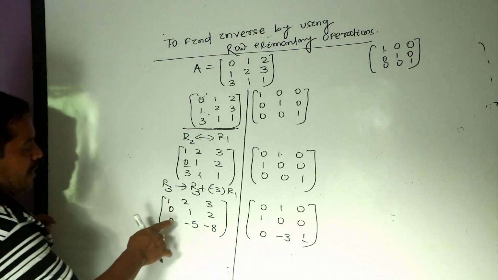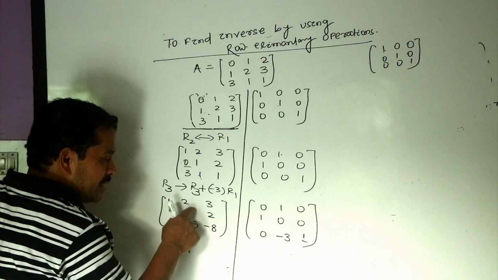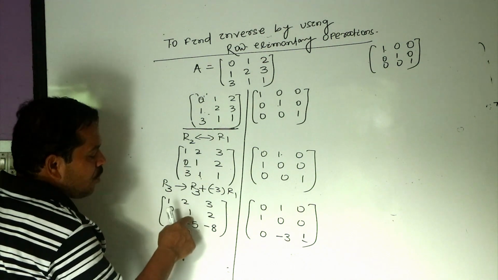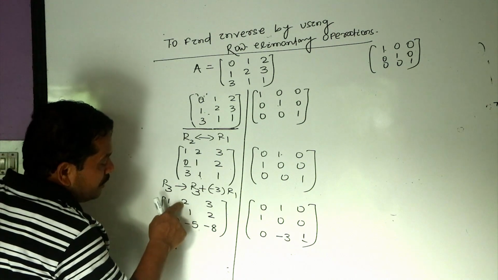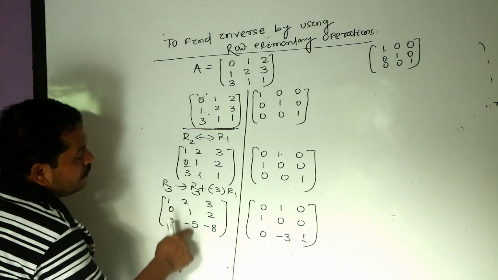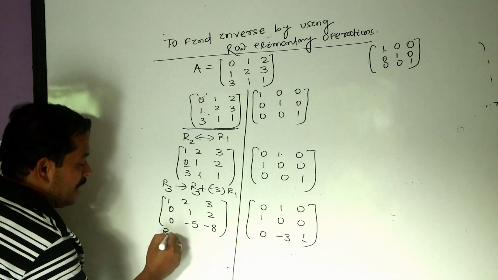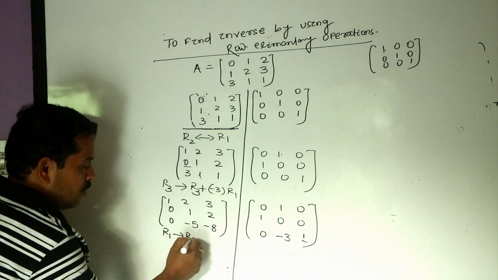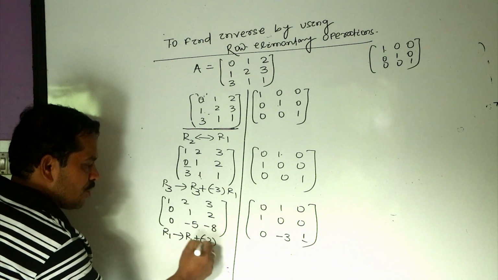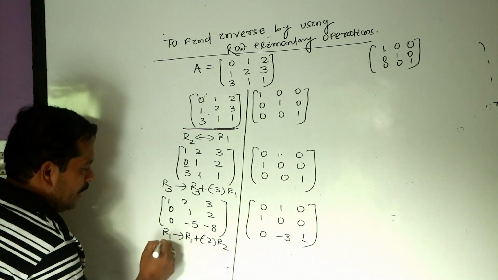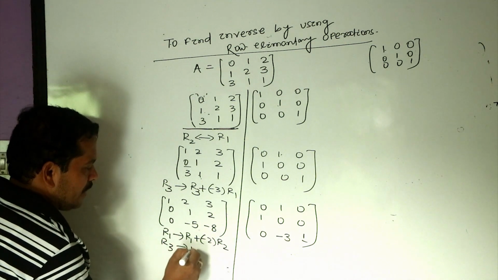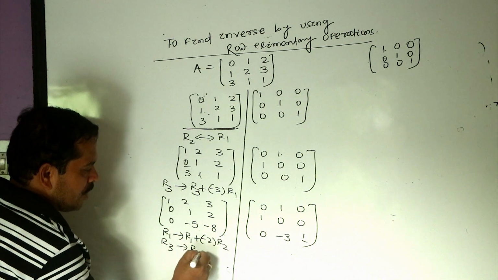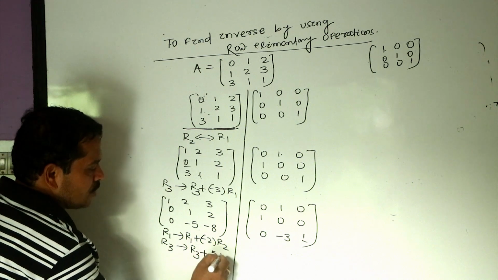Next we have to make 1 here. Since 1 already exists, we have to make these two elements 0. So row 1 is replaced by row 1 plus minus 2 times row 2, and row 3 is replaced by row 3 plus 5 times row 2.